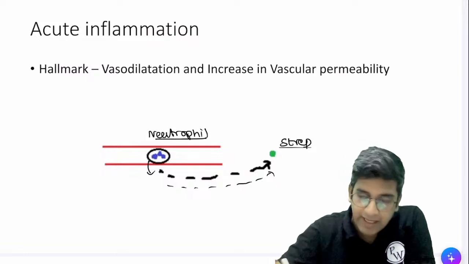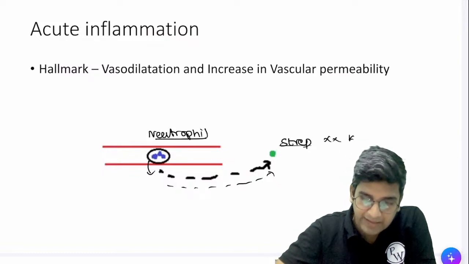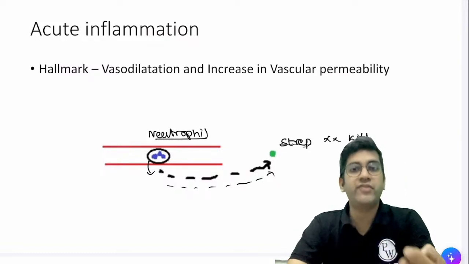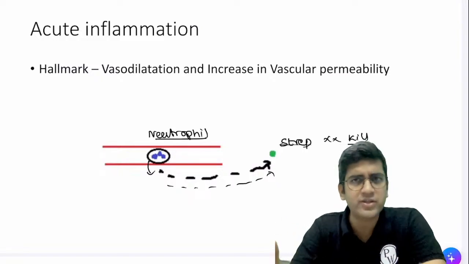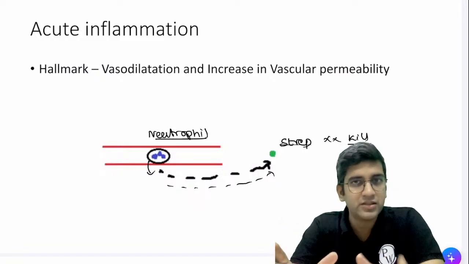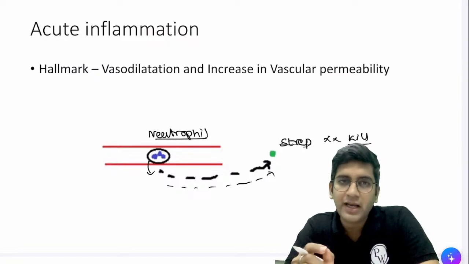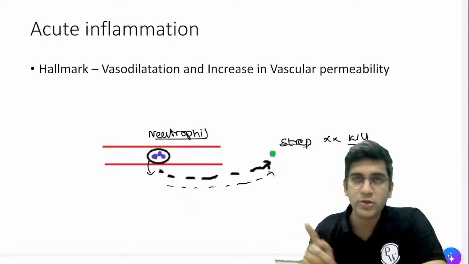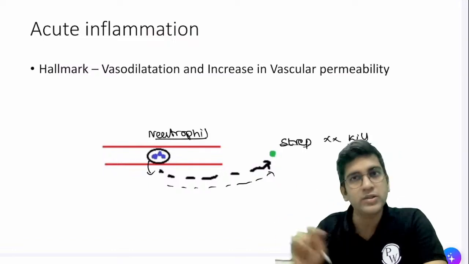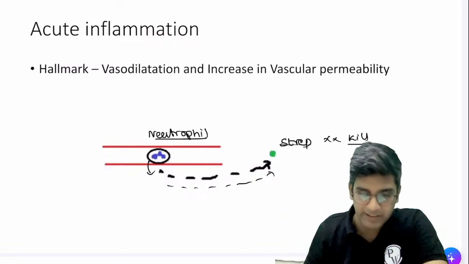That's the second hurdle, and it's going to destroy and kill the streptococci, right? Because the goal of inflammation is very simple. You have to go and remove the offending agent, which is streptococci in this case. These are the few blockers we have, and acute inflammation will take care of each and every step, how it comes outside, how it goes, and how it eats the streptococci. Once we know that, we are done with acute inflammation. That's all, as simple as that, right?